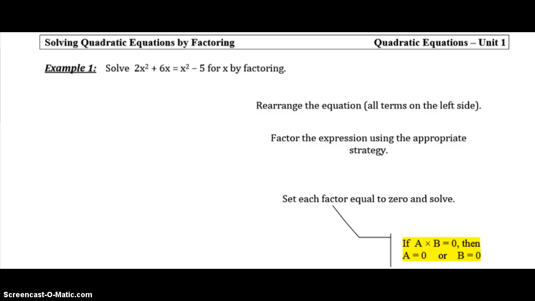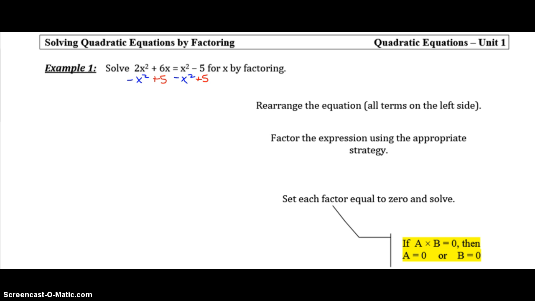The very first step to be able to solve an equation by factoring is not to put the x's on the left and the numbers on the right, but to put all the terms on the left side. That means you have to subtract x squared from both sides, and you have to add 5 to both sides.